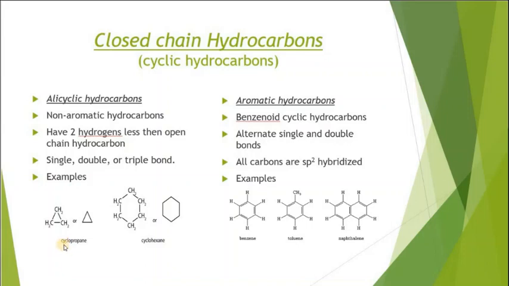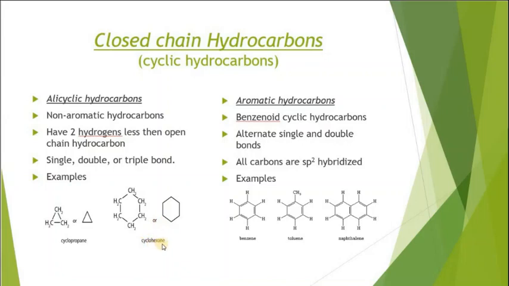For example, the first one is cyclopropane. Propane stands for a 3-carbon compound. These are 3 carbons which are linked, you can see, in the form of a cycle or a ring. It can be represented in this way, or it can be represented by a simple triangle. Every corner shows a carbon atom, and the rest of the tetravalency of the carbon atom will have to be satisfied.